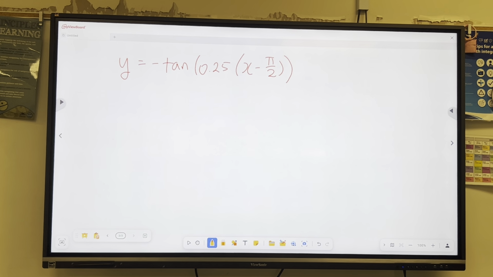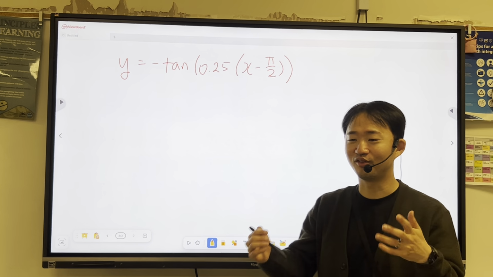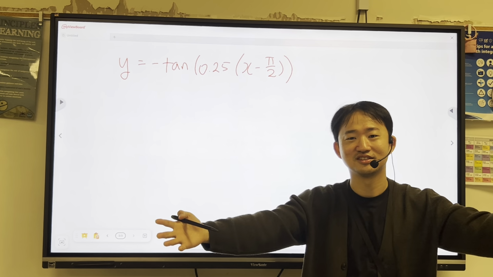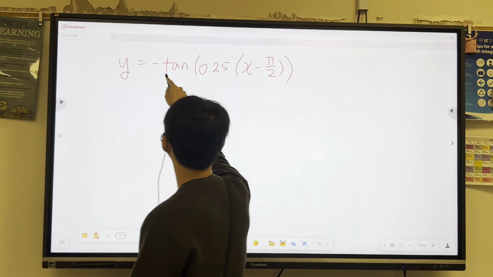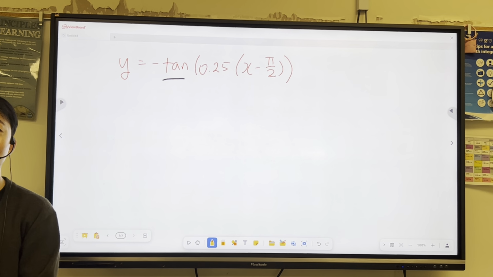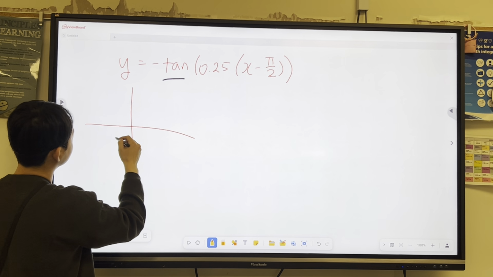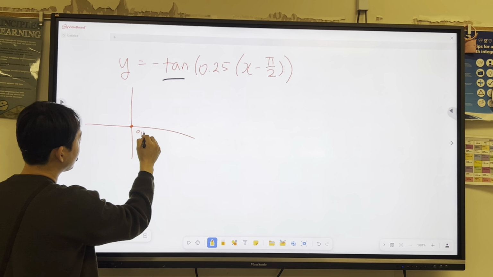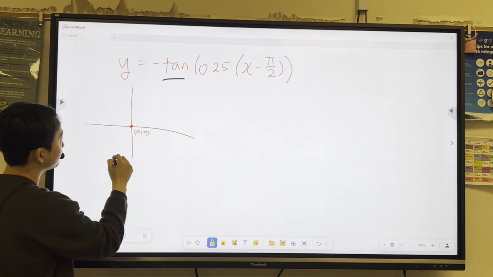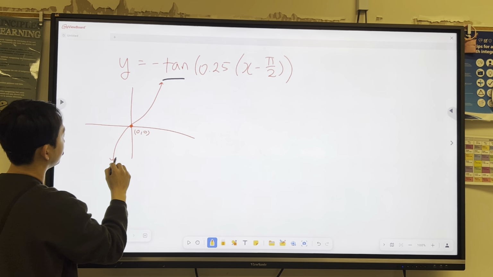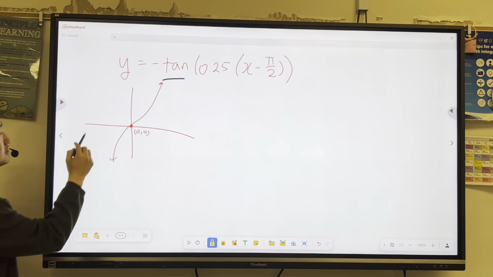The first step is to identify the core. So what is the core of this function? 3, 2, 1. Tangent function. This is a tangent function. So let's sketch the tangent function on the side. Once again, it's always useful if you memorize this. Tangent function goes through 0, 0. And the graph looks like that.